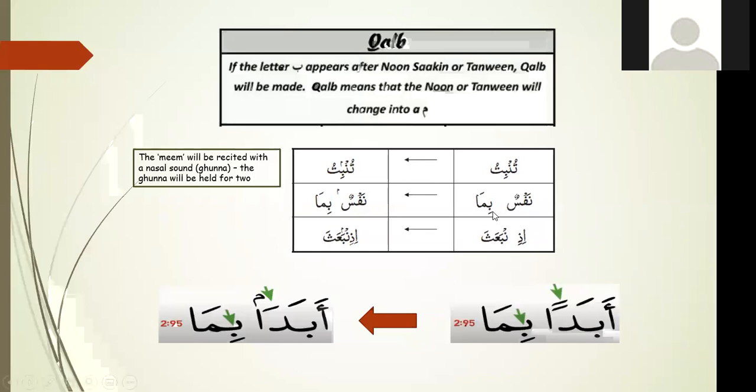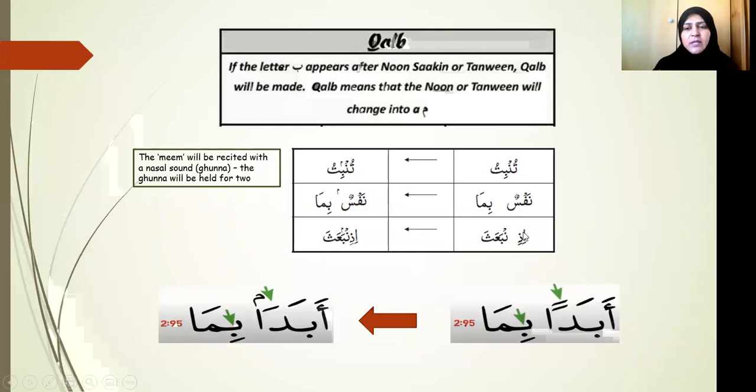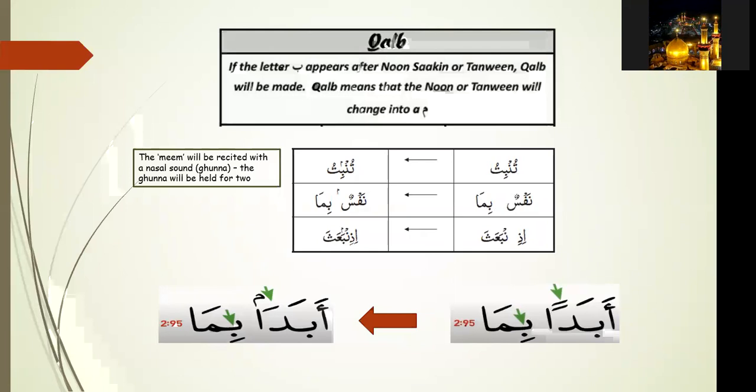So nafsun bima. You can tell me what will happen based on what we've explained in the example before. What will happen to nafsun bima, because the tanween is followed by the letter ba? Assalamu alaikum. Shall I, sister? Go ahead. Bismillahir Rahmanir Rahim. Nafsum bima.